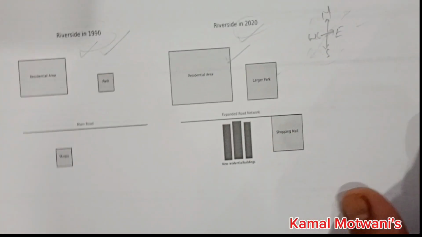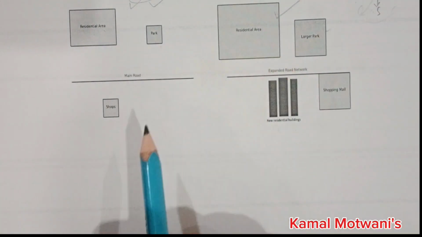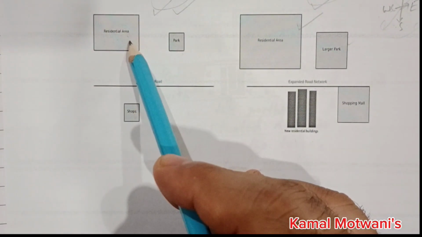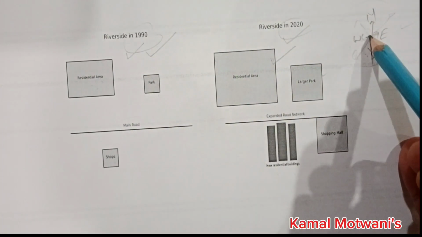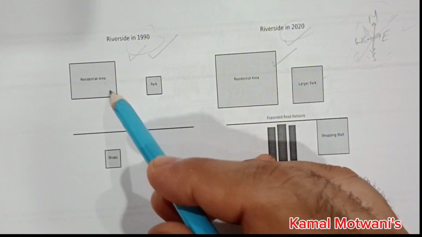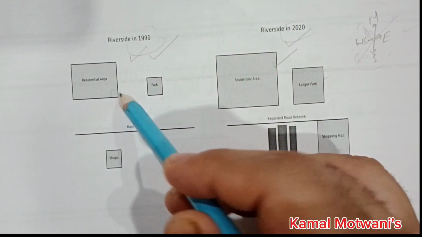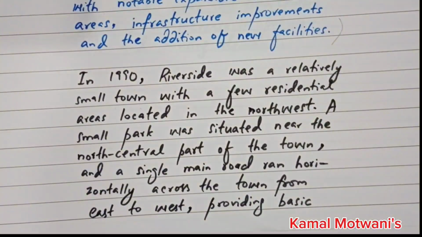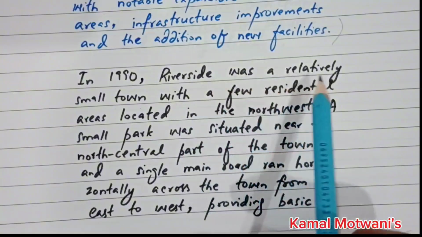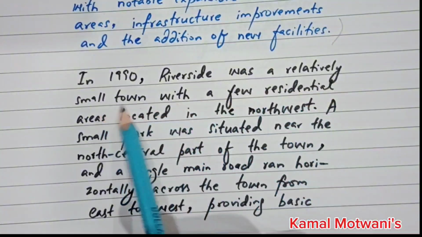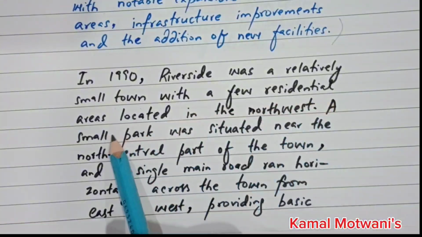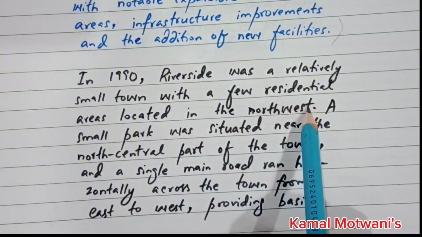So the directions are very much necessary. So the direction of this residential area is this one, northwest. So that's what I have written here. Riverside was a relatively small town with a few residential areas located in the northwest.